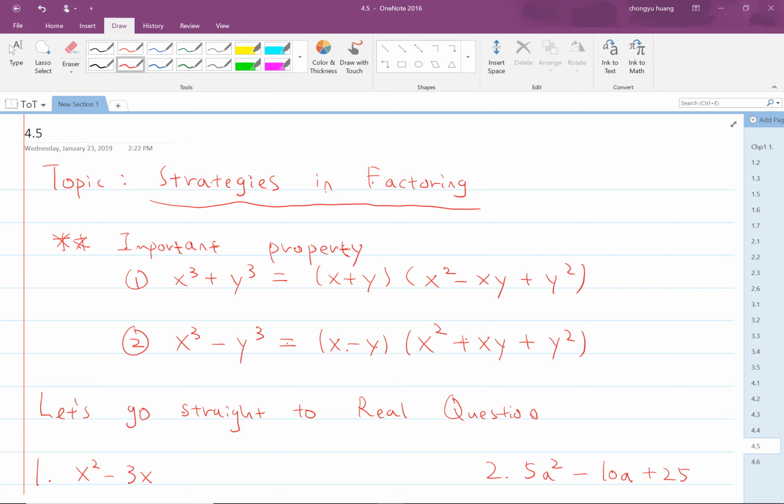In the previous chapters, we were talking about one method or another, different methods for solving different kinds of problems. But in this chapter, strategy in factoring, it mixes all the different kinds of questions together. So if you can do the questions here pretty well, then you should know how to do all the factoring.